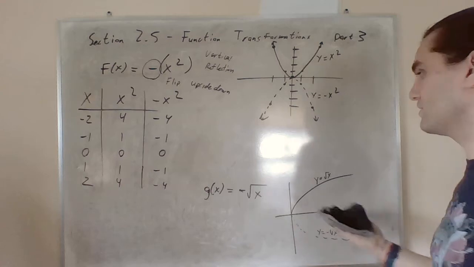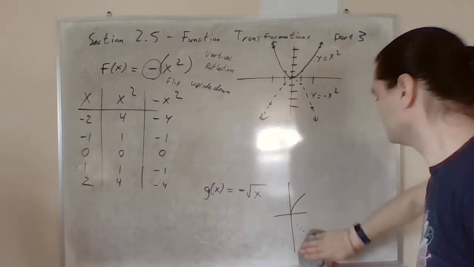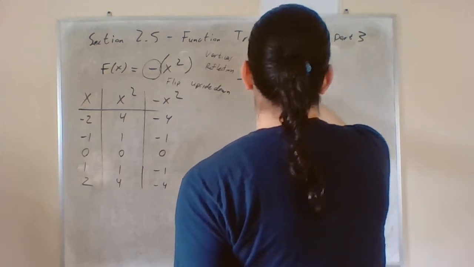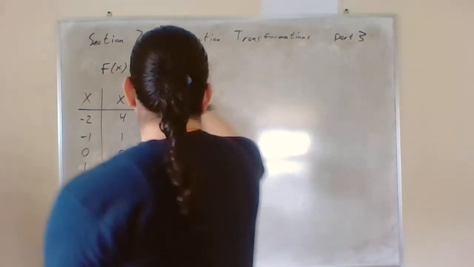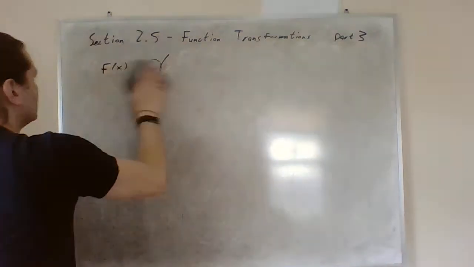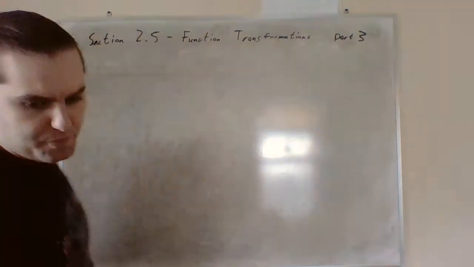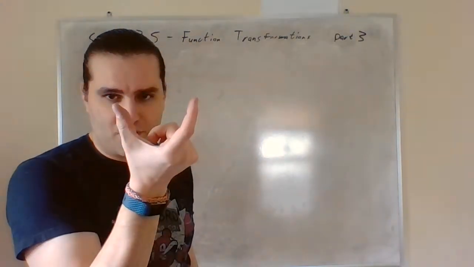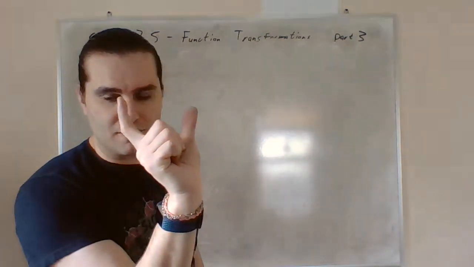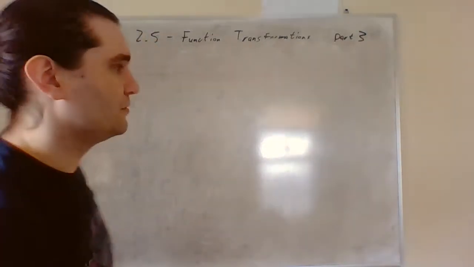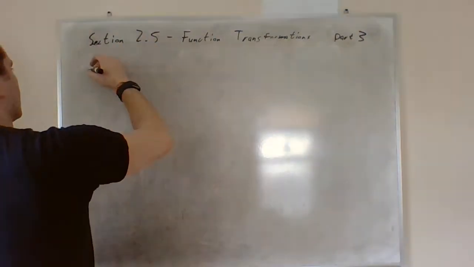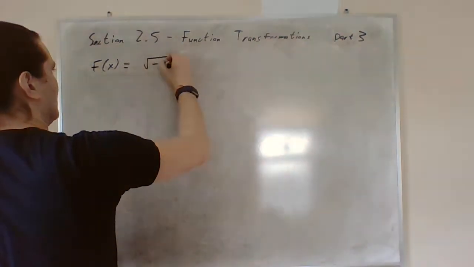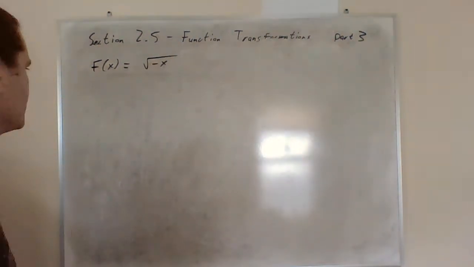Next up, we need to talk about horizontal reflections. We're going to flip things from left to right. Flipping things from left to right is not going to work very well with the parabola because when you take the parabola and flip it left to right, nothing appears to change. So we're going to work with the square root function on this one. We're going to look at the square root of negative x.